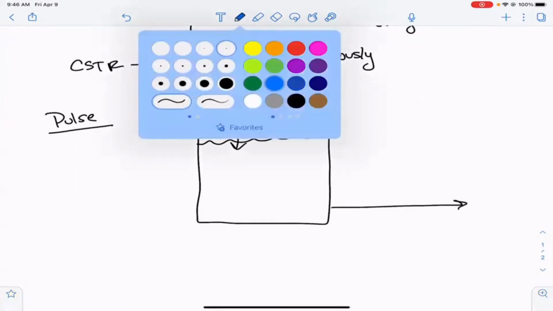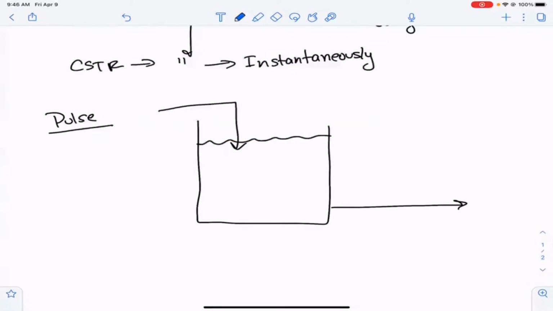And what we do in a pulse is that we have this sudden injection of a tracer, right? Some tracer T. And the reason that we call this a tracer is that we are going to sort of trace the response of a sensor at the inlet.